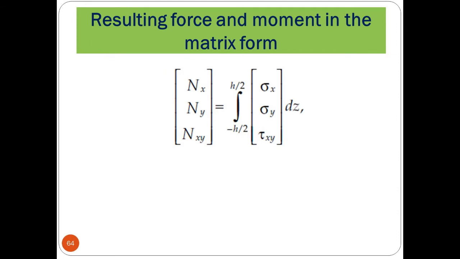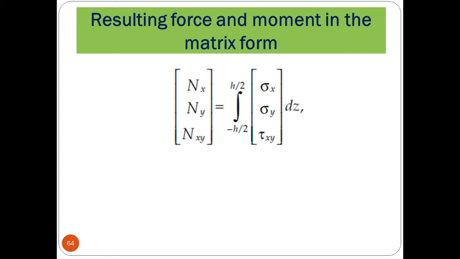Now onwards, we have to make a correlation between the forces, moments and the different stresses, just like this, Nx, Ny, and Nxy. Whatever discussion has been made in the previous slides, now we have to transform into the matrix.